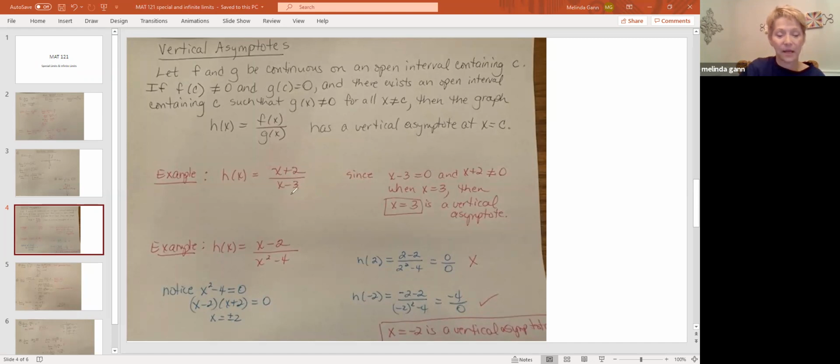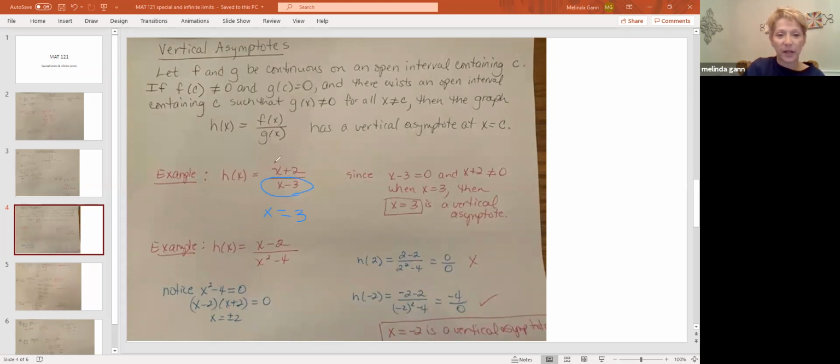So look what would happen here. Is there a number that'll make this denominator equal to 0? Yeah. When x is 3, that bottom goes to 0. Well, then I need to see, you plug 3 in both places.